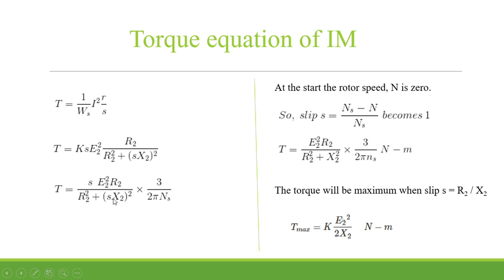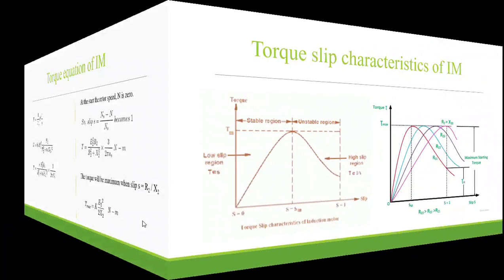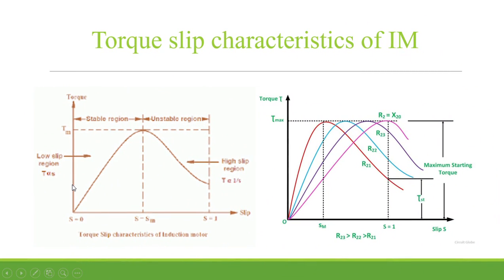So we can neglect this with respect to R2. Only R2 square will be left in the denominator and it will cancel out one R2. Then we will get that torque is directly proportional to S. So in the lower slip region, torque is directly proportional to S.